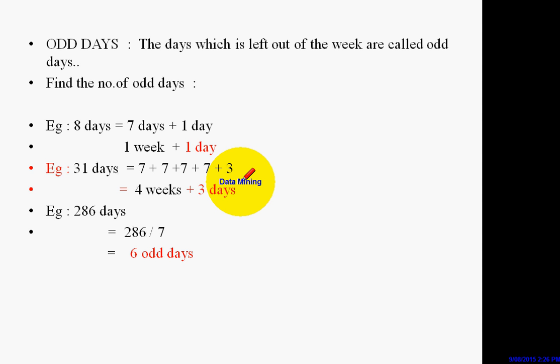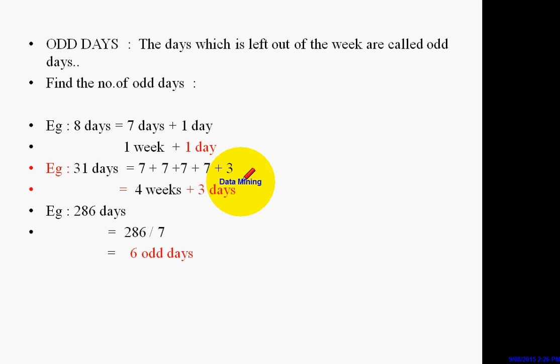Similarly, if it is 31 days, how do we calculate the odd days? Again, divide 31 by 7. Once you divide, you get the remainder as 3, which is the extra days. This extra days is termed as odd days. So if there are 31 days, we'll have 3 odd days.